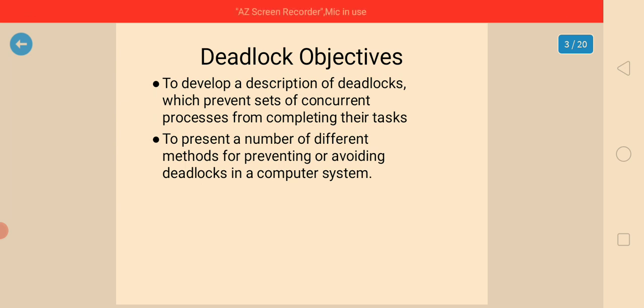So I repeat once again, a deadlock is a situation where a set of processes are blocked because each process is holding a resource and waiting for another resource acquired by some other process. So this is what we call deadlock.